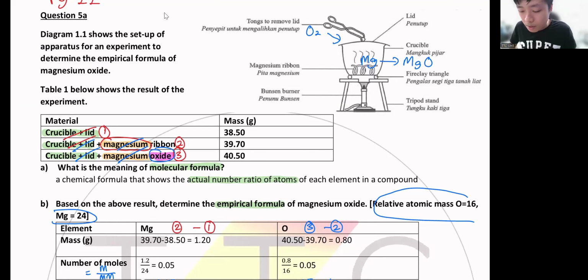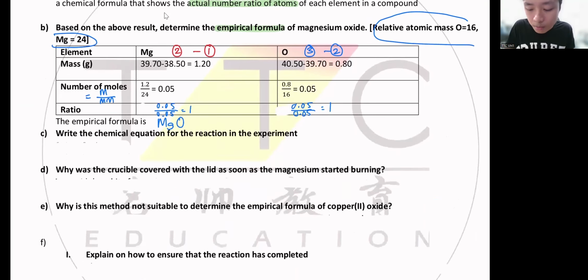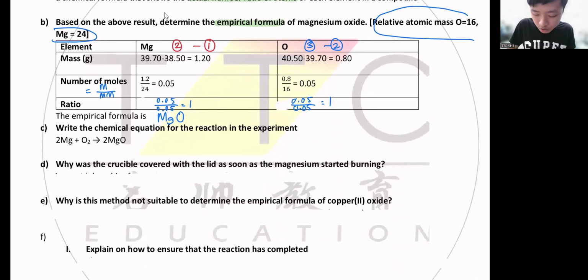Remember the precaution: you have to lift up the lid from time to time to allow oxygen to enter. You have to close it back as well, because you don't want the white film of magnesium oxide to come out. So the equation is Mg plus O2 become MgO.